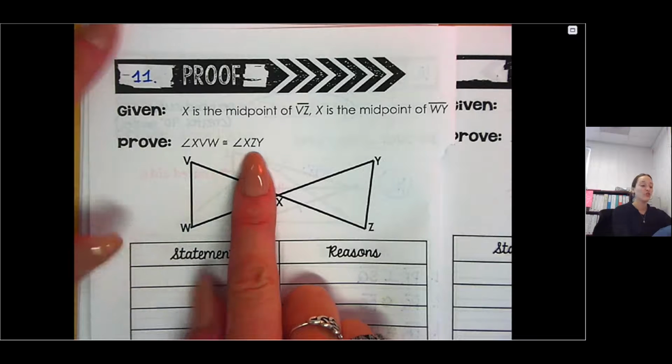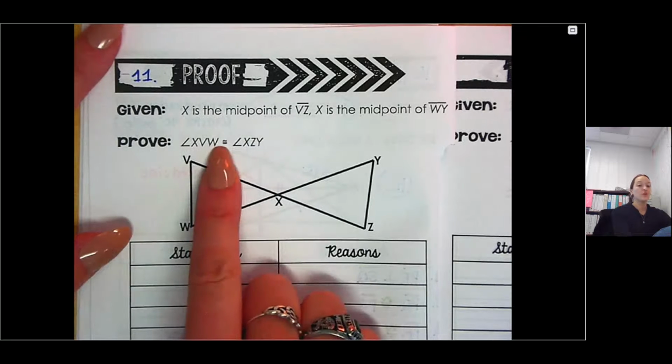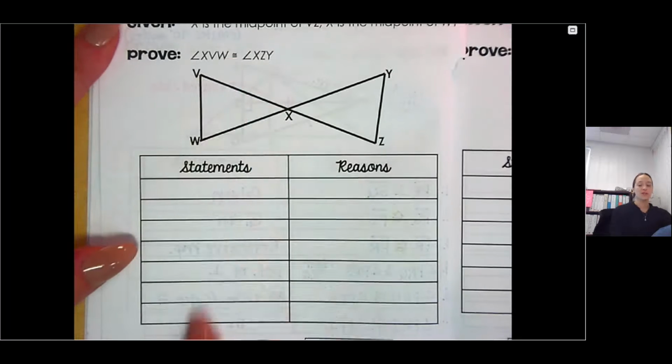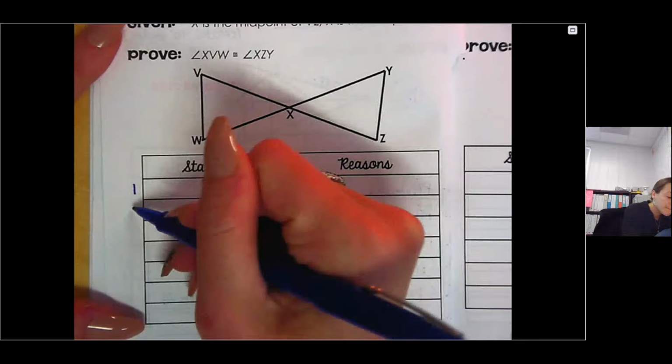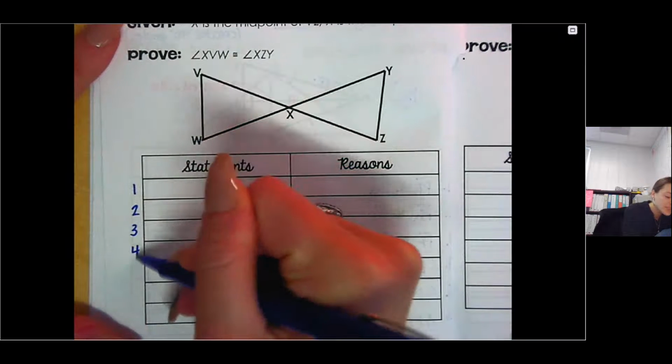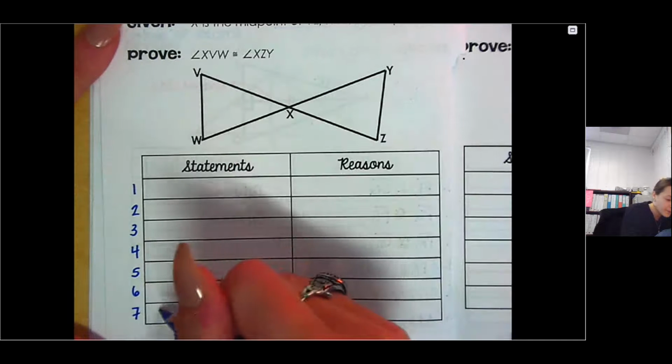So already, you know your final sentence should be the proof. So if you want, let's just jump right down to the final sentence. Let's copy that proof.